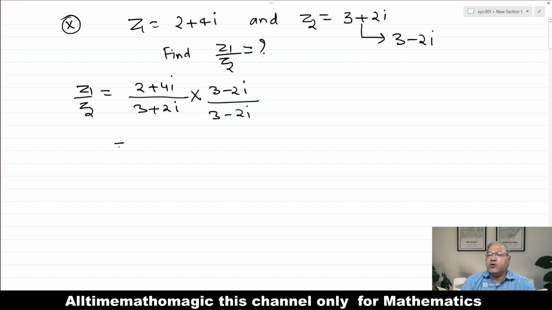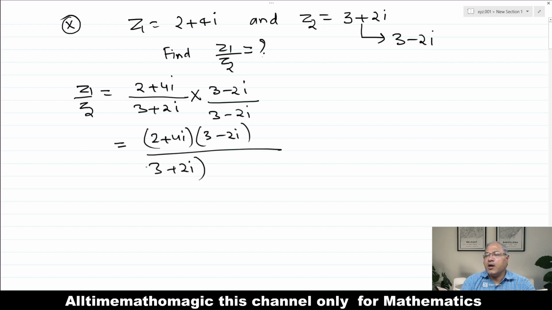So Z1 upon Z2 equals 2 plus 4i upon 3 plus 2i multiplied by 3 minus 2i upon 3 minus 2i, that equals 2 plus 4i multiplied by 3 minus 2i upon 3 plus 2i multiplied by 3 minus 2i.